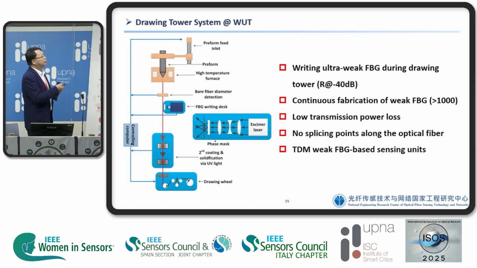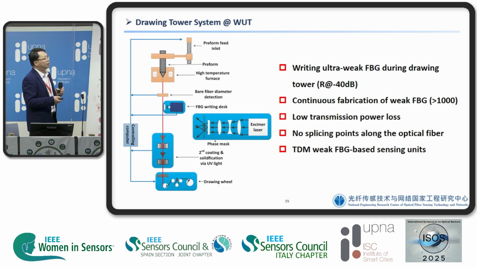And we have technology in our university that we can make a draw tower grating system. That means we have the preform, and then after the high temperature furnace, we can write FBGs during the draw tower, and then with the coatings later on we have the grating arrays.